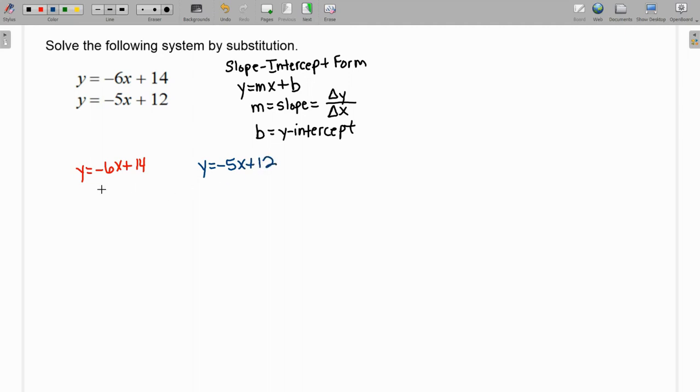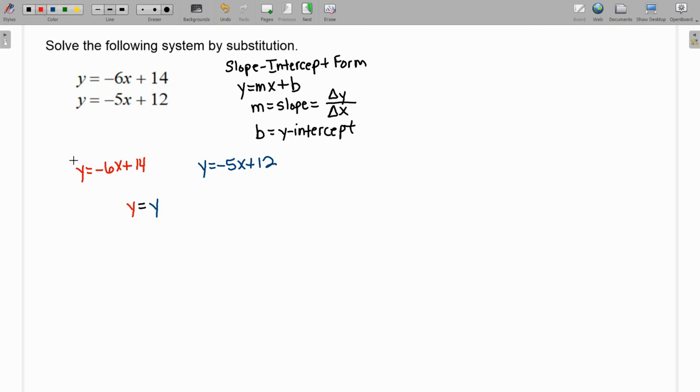So as you can see, in the first equation, y is equal to one algebraic expression, negative 6x plus 14, and then y is equal to another algebraic expression in the second equation, negative 5x plus 12. Regardless of these two y's, the first y is no different than the second y. So I can say that the red y is going to be the same as the blue y.